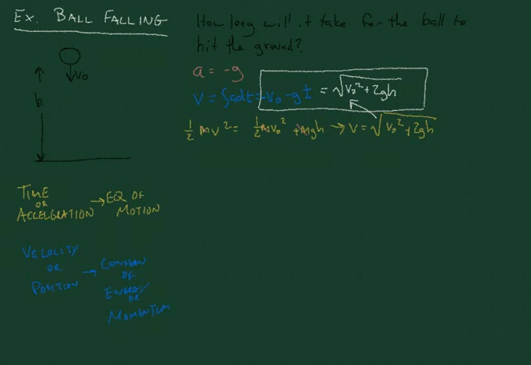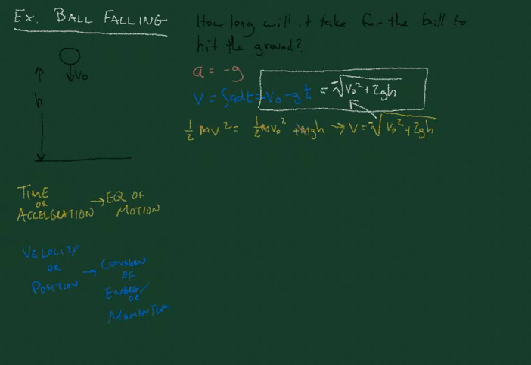The other thing I should mention is this square root gave us a plus or minus, and we know we need the minus here because our velocity is going to be negative.